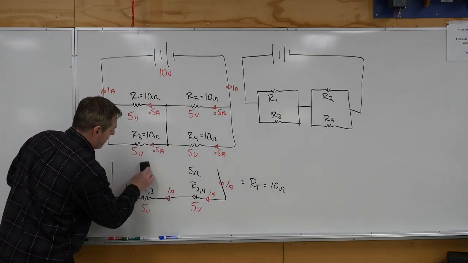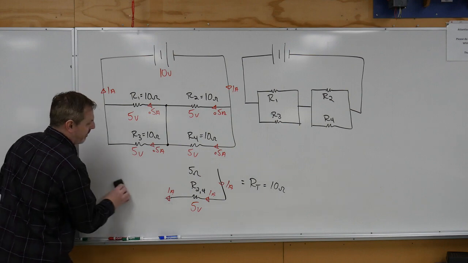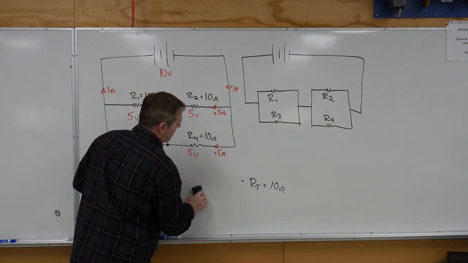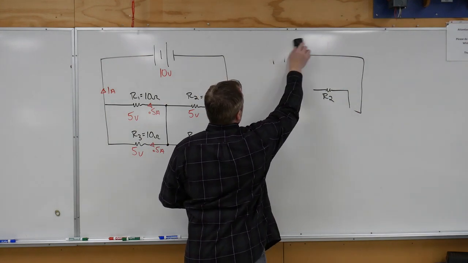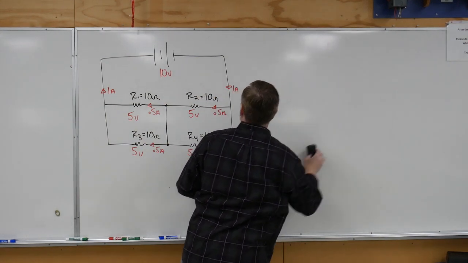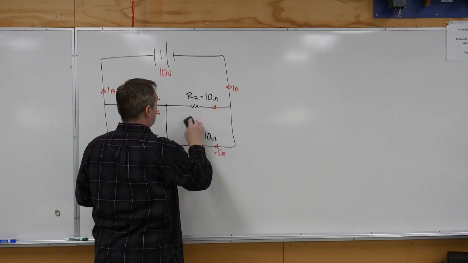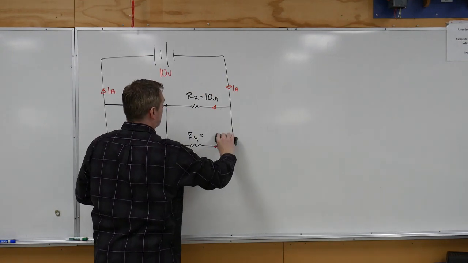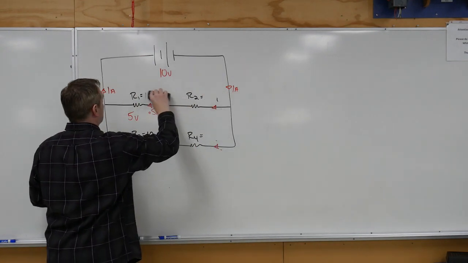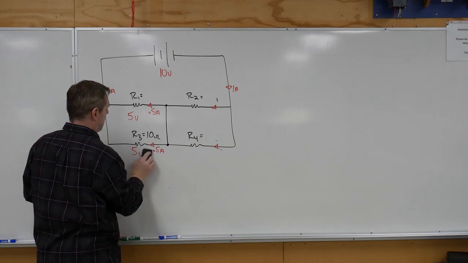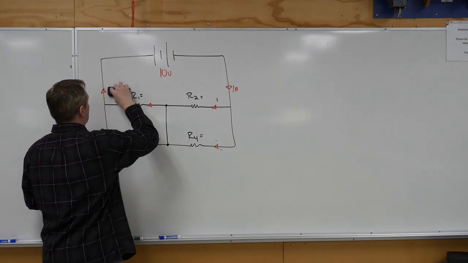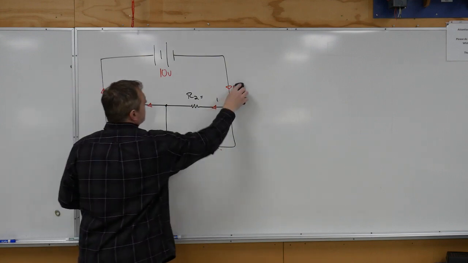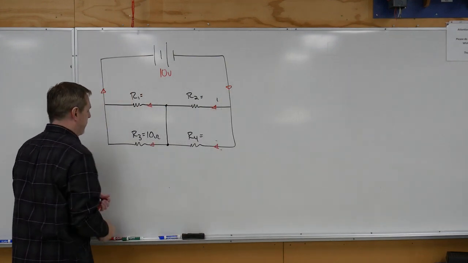So we're just going to erase some of this information. The simplified drawing doesn't change anyway. Okay, so I'm going to keep the source voltage at 10 volts.